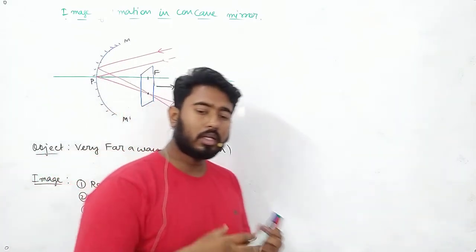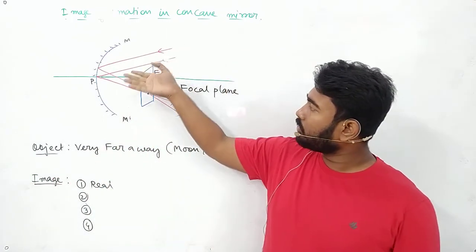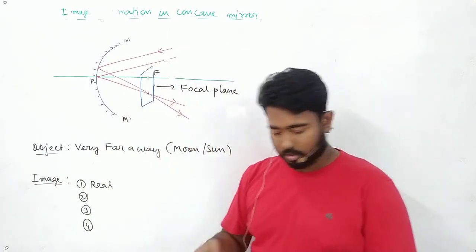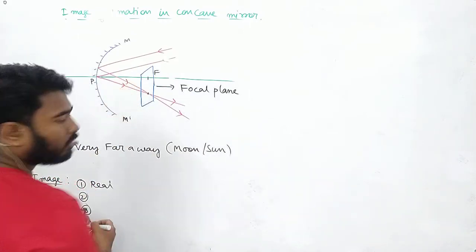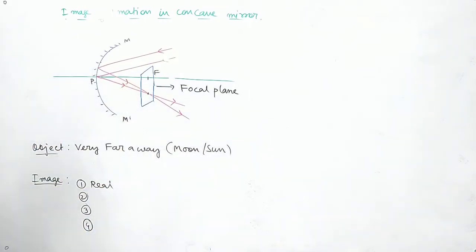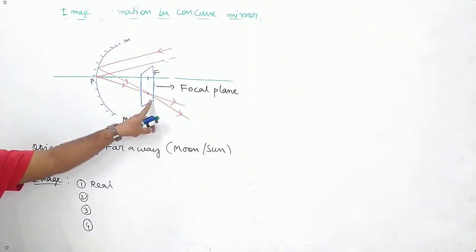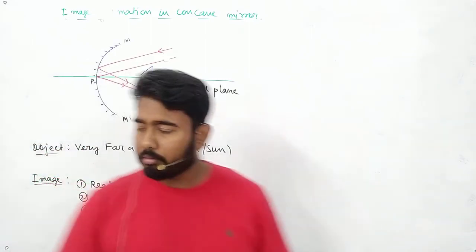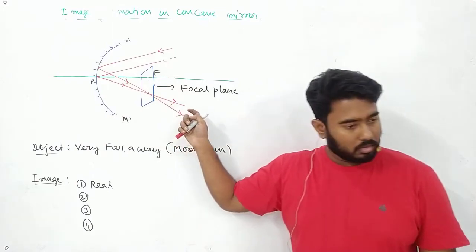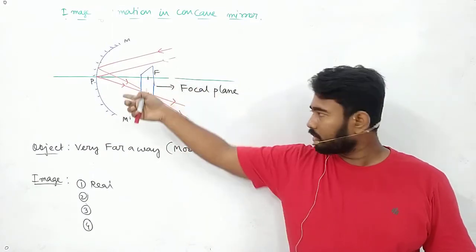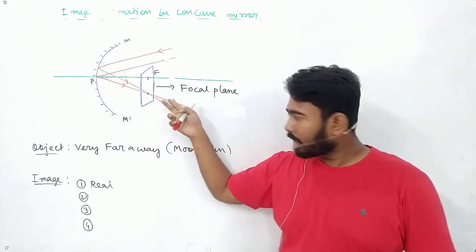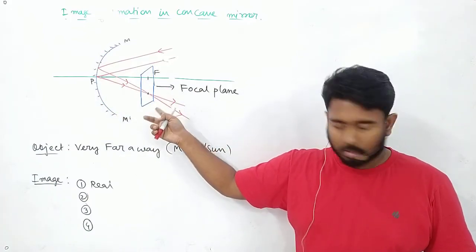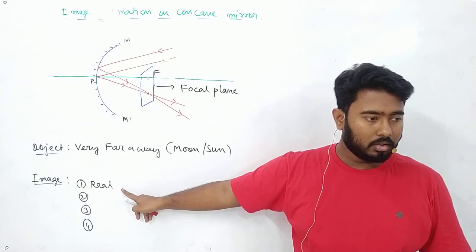So when the rays of light come parallel to each other but not parallel to the principal axis, we will see that the image is formed on the focal plane. Tell me, are they real? Do they actually meet after reflection? They actually meet after reflection. Are they the dotted lines? No. Have we extended the reflected portion? No. So they have actually met. That means they are real. Clear?